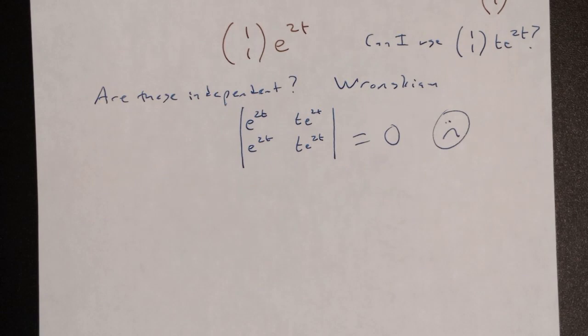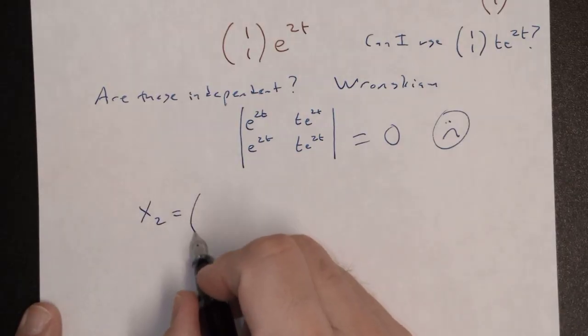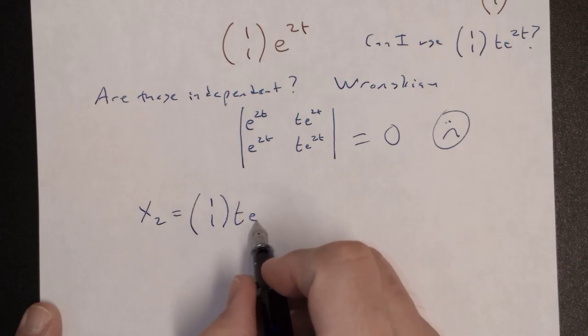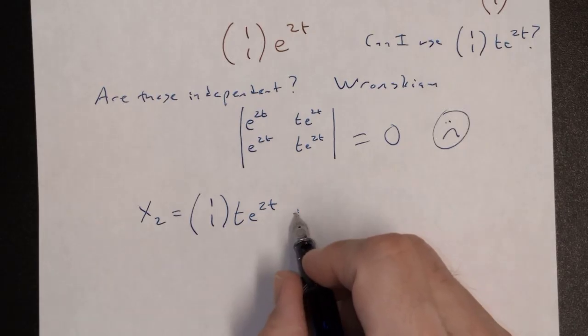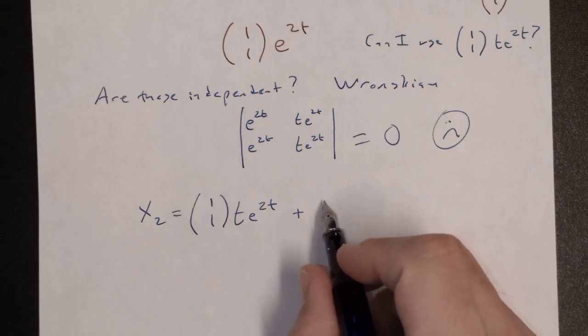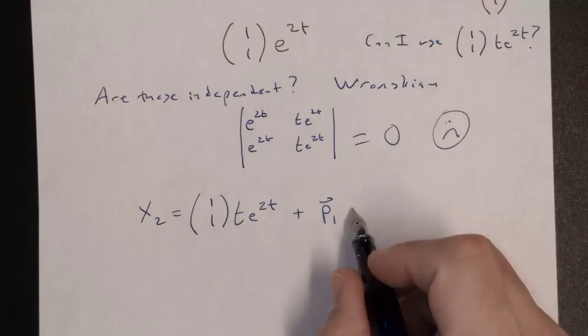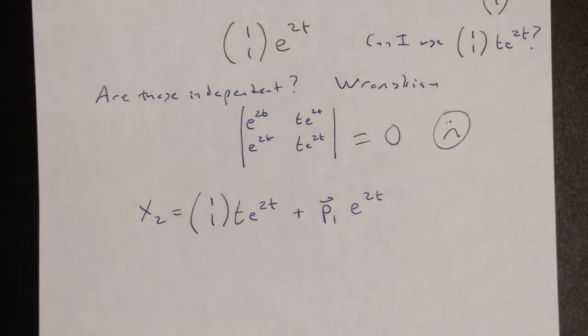So what if instead of using this as a second thing, I say I'm going to add on something else, where P1 is a vector.